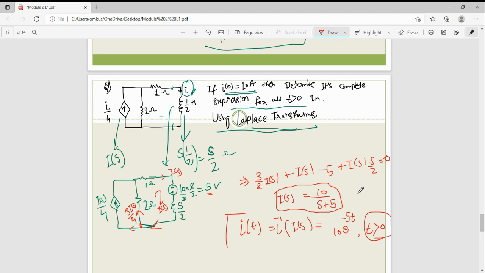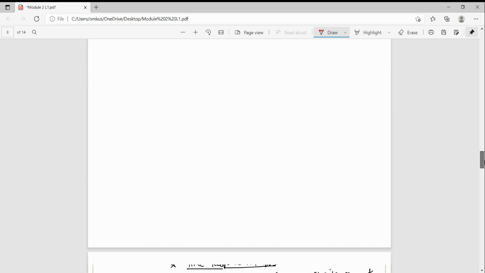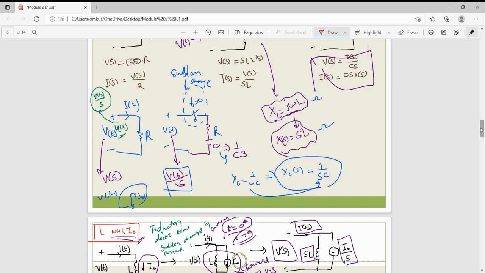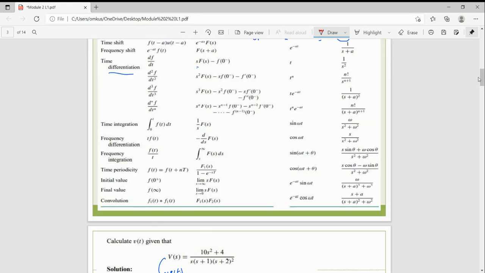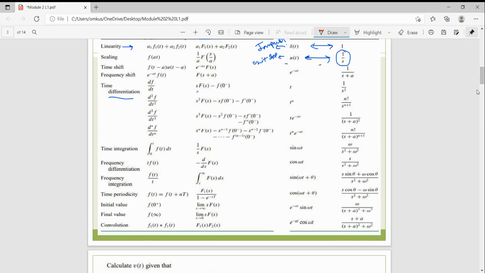See, the format is I of s equal to 10 by s plus 5. It means this is a constant term, a by s plus b, right? So see here, according to these tables, e to the power of minus at is represented as 1 upon s plus a, right? So this is the same.